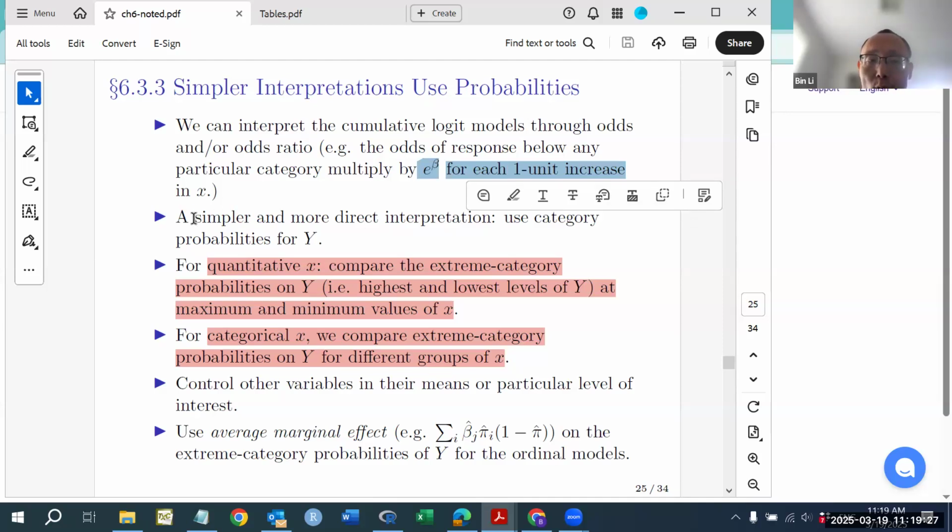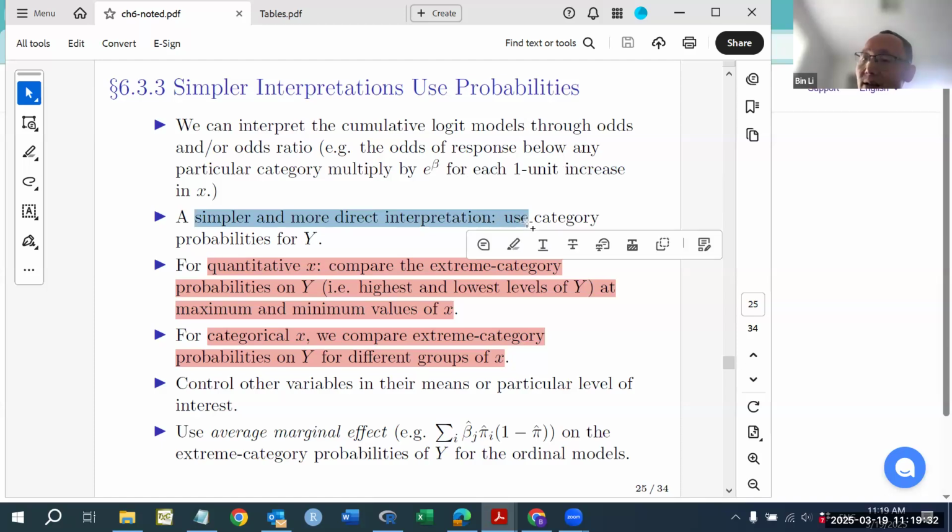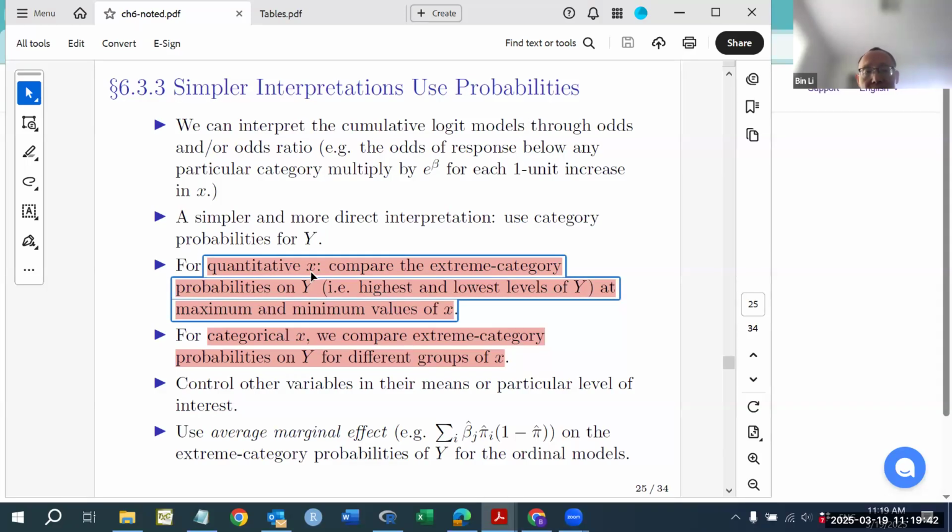And a simpler and more direct way for the interpretation is not using the odds and odds ratio, but just using the probability. We can still do that. If the x is quantitative, then we can compare the extreme category probabilities on y.